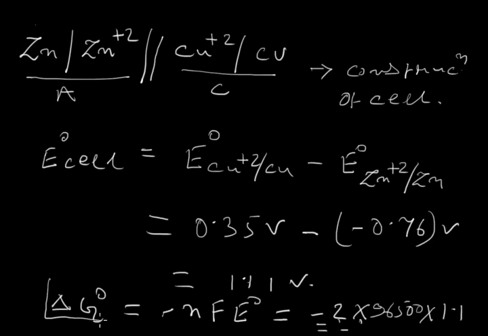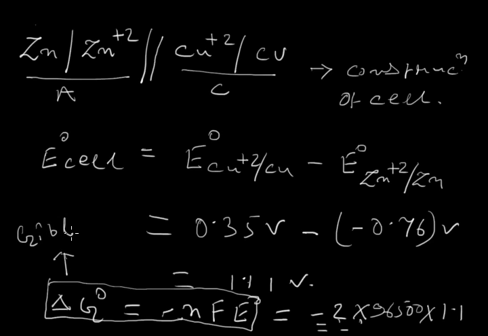This is a very important equation and it is called Gibbs equation. Gibbs equation is that the standard free energy change, that is delta G0 equal to minus nFE0. n is number of electrons transferred in cathode and anode.